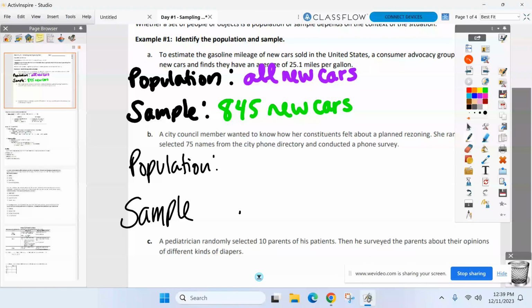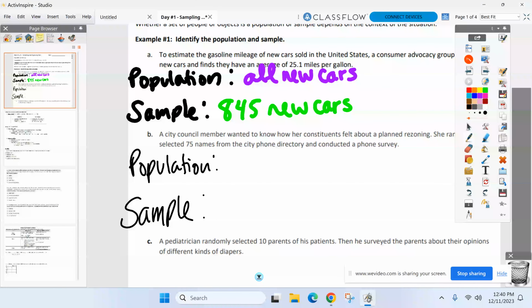So what's my population here? Who am I looking at here? What's the bigger overall group that I want to sample, or survey in this case? The city.